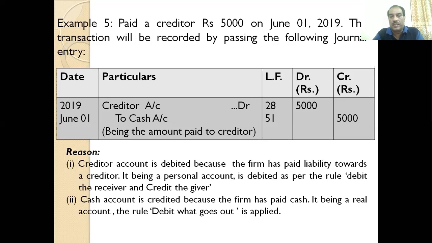Then the fifth example is: paid a creditor rupees 5,000 on June 1st, 2019. Here again, it is necessary to understand that rupees 5,000 has been paid to the creditor. The creditor account is debited because the firm has paid a liability towards a creditor. The firm owes rupees 5,000 for goods which were purchased by the firm on credit, so the firm has to pay rupees 5,000.